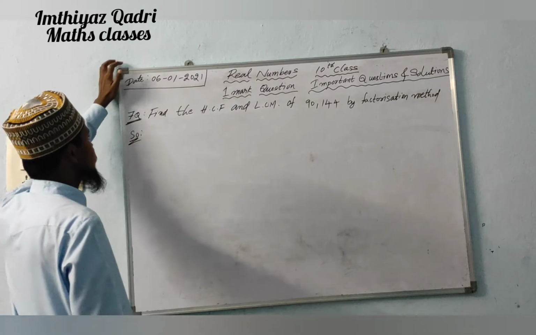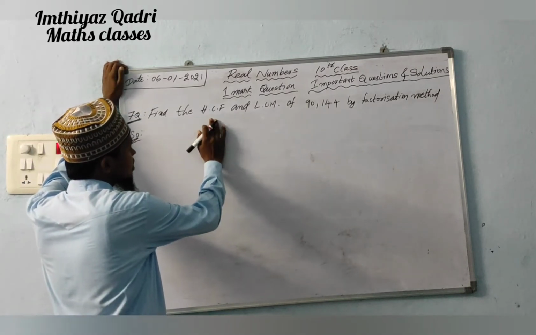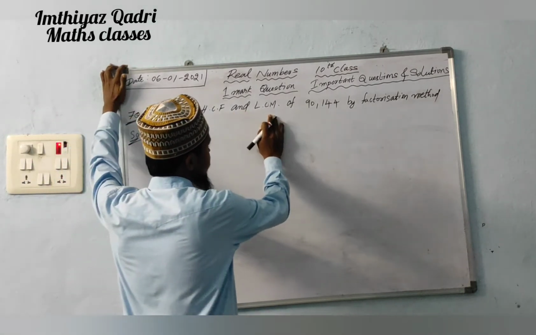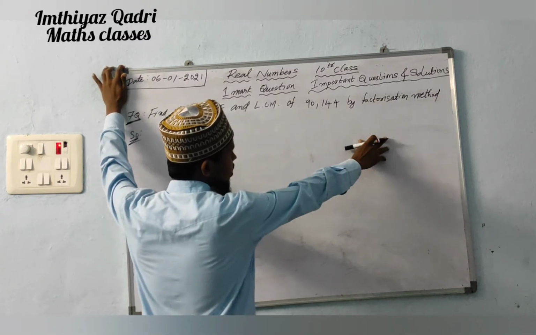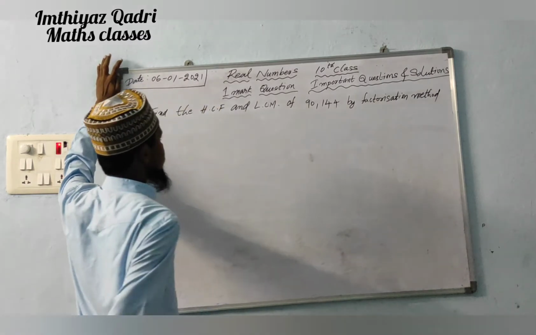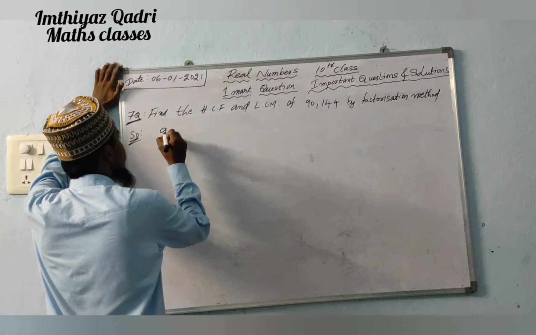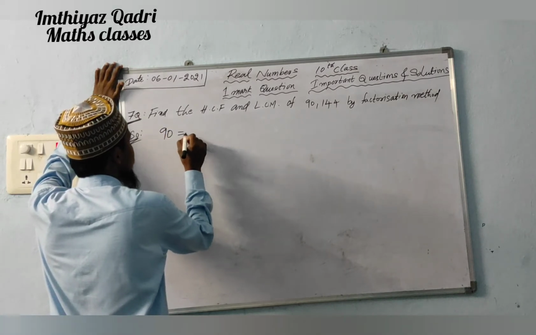See here, seventh question: find the HCF and LCM of 90 and 144 by the factorization method. First, given 90.